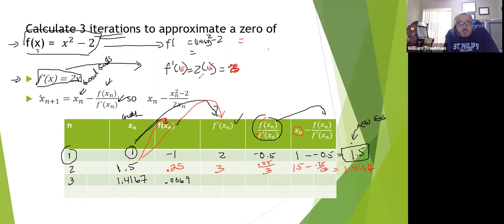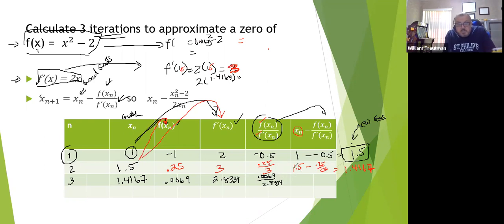And then I put that whole 1.4167 into my calculator here, 2 times 1.4167, and I get 2.8334.